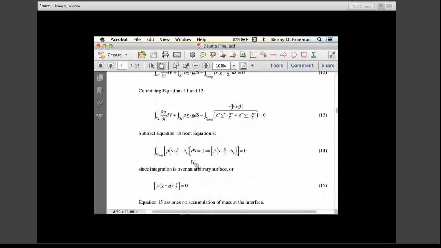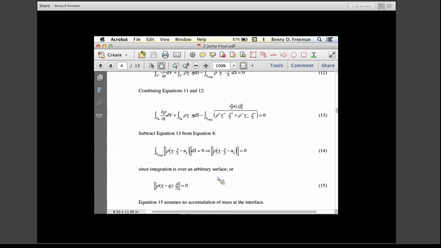We have defined this material volume arbitrarily, and so we can vary it as we like. The only way we can be sure that that term is equal to 0 for any material volume, any interfacial volume that we might choose, is if this integrand is absolutely equal to 0 everywhere on that interface. And so this is the condition for the jump mass balance.